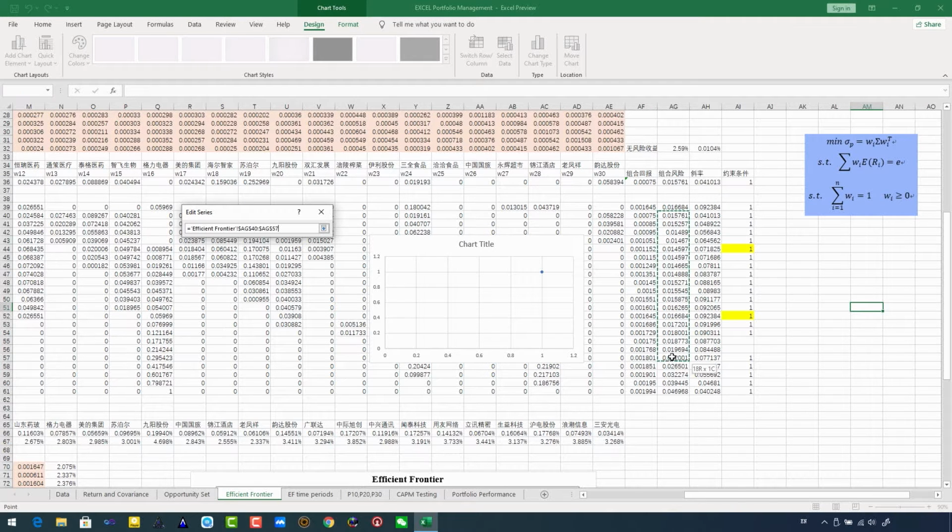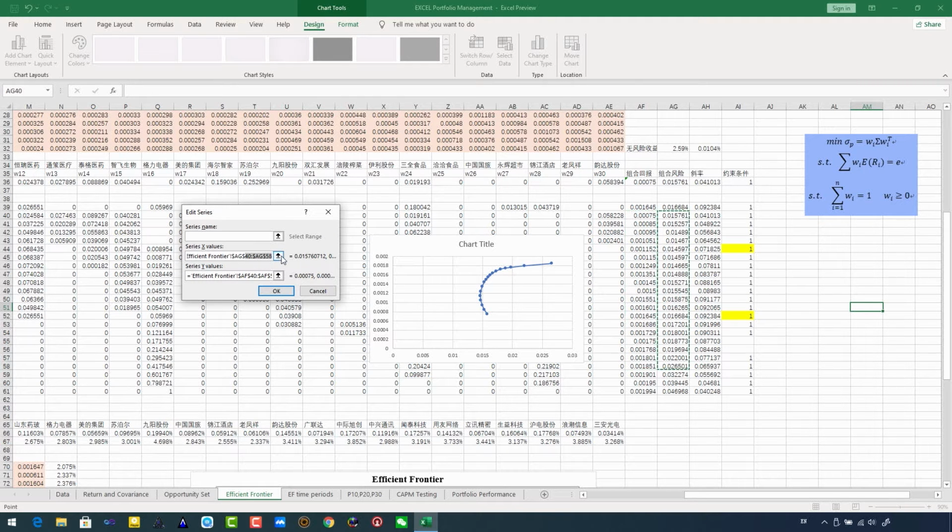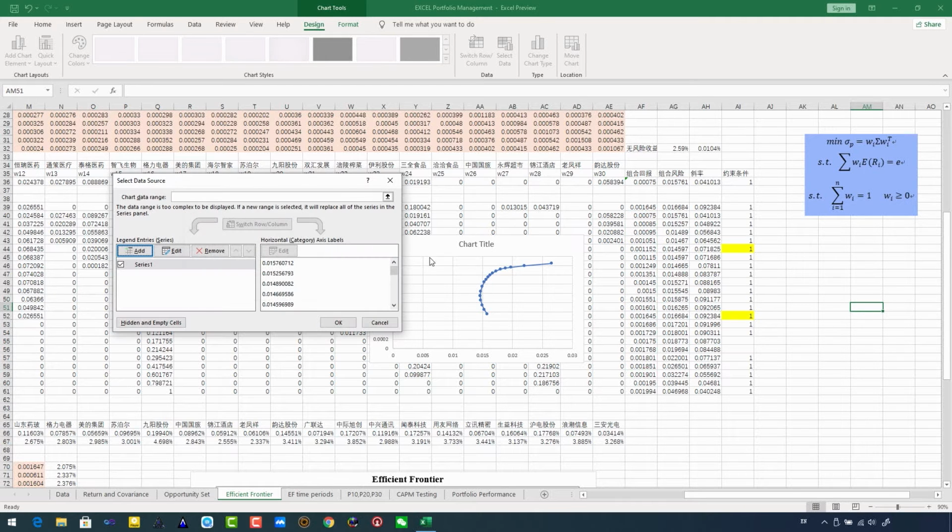So you select all the portfolio risk here, until the last one. And then for the y, we select, let me check, 58, yeah. And then you click OK.